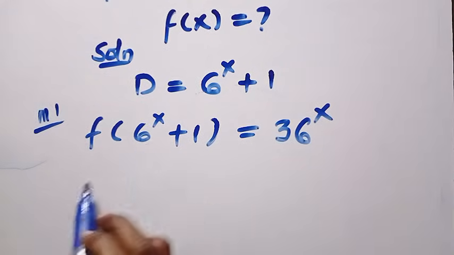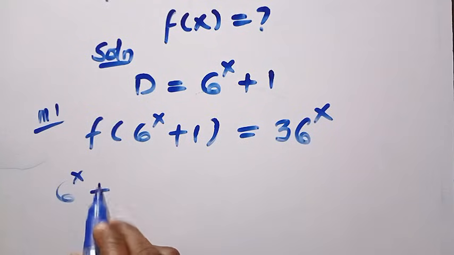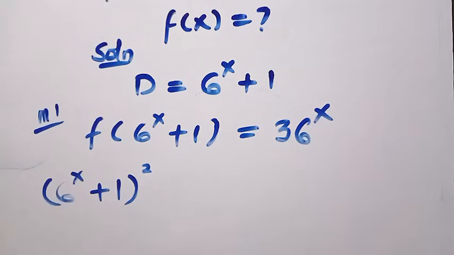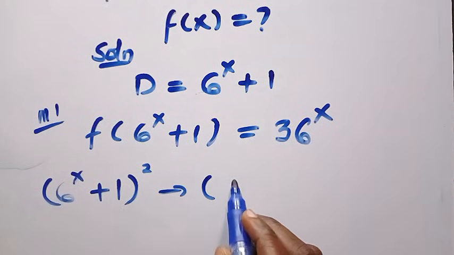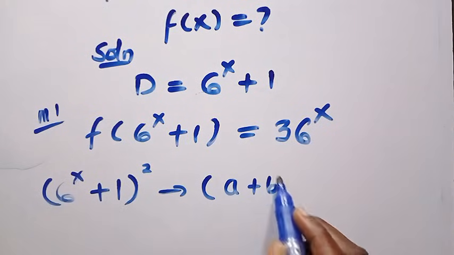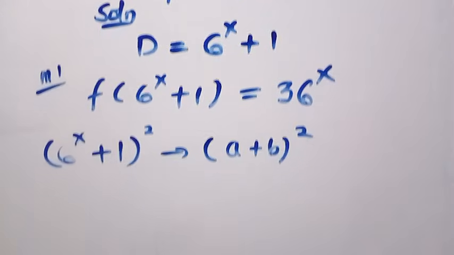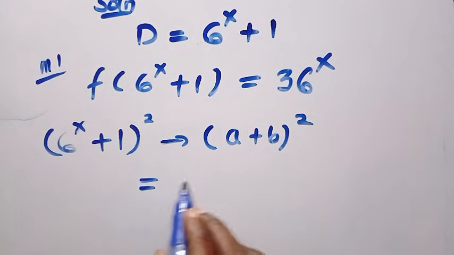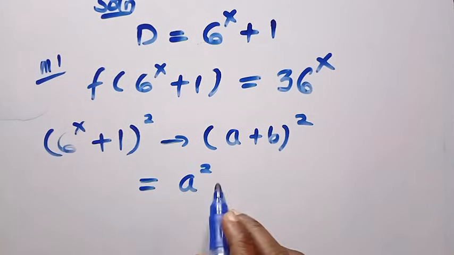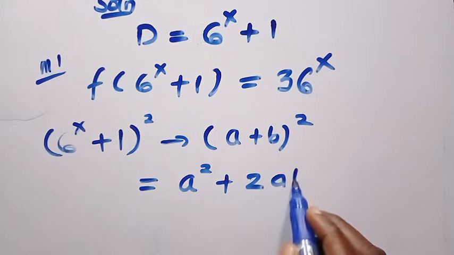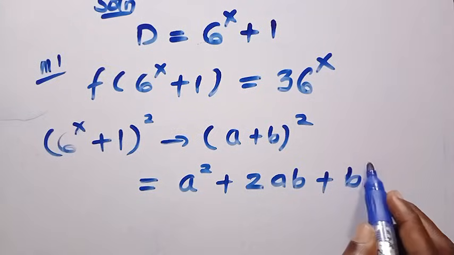If I let 6 power x plus 1, let's say I raise it to the power of 2. What we are expecting here is to expand 6 power x plus 1. And if I compare it with a plus b raised to the power of 2, when we expand a plus b raised to the power 2, we are going to get a squared plus 2ab plus b squared.